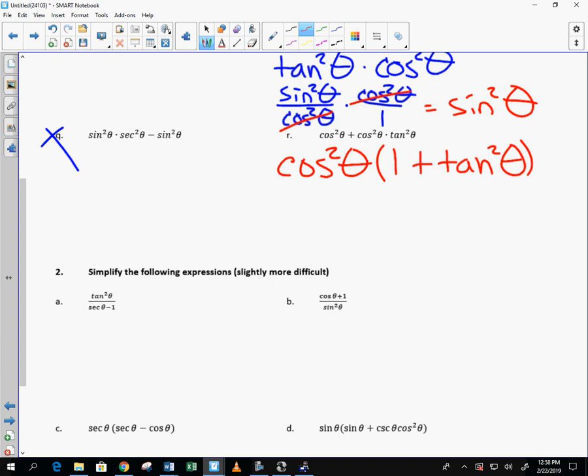Well, that was not a dumb question. No questions are dumb. Very good. So I have cosine squared of theta times secant squared of theta. Hey, what's the relationship between cosine and secant? They're reciprocals. What happens when we multiply two reciprocals?